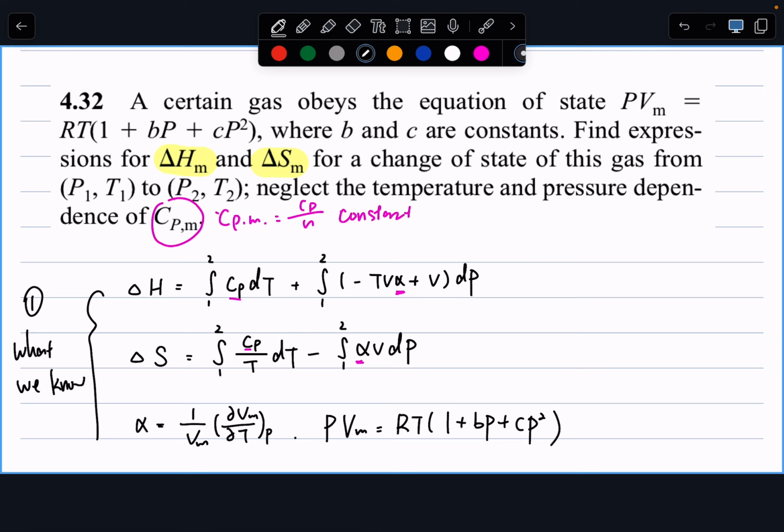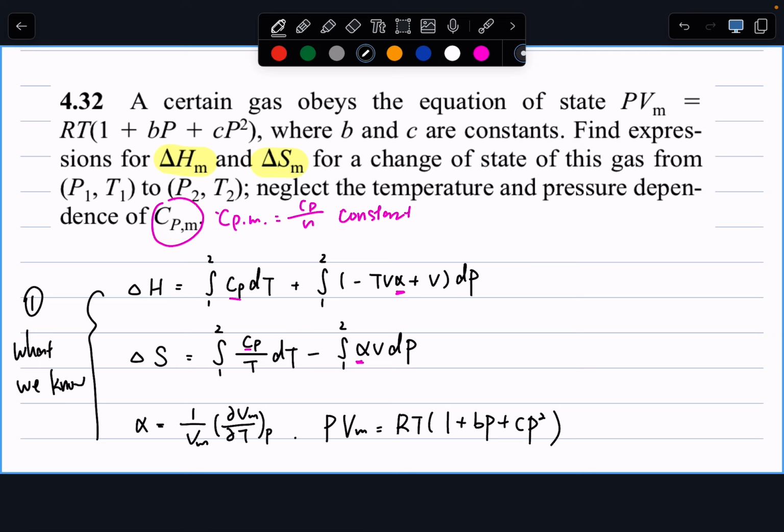So that becomes Cpm delta T. So far, so good.